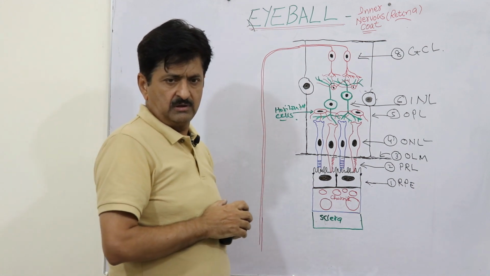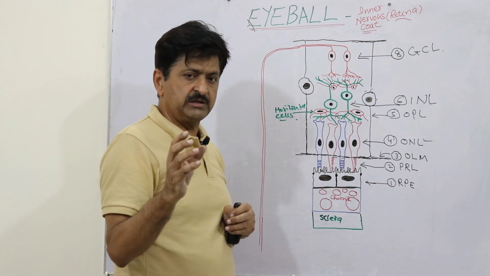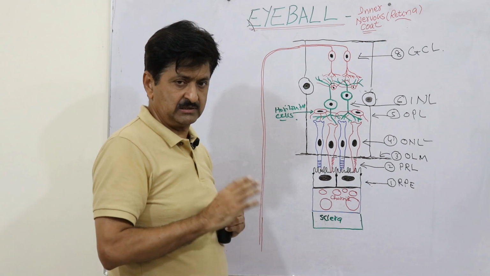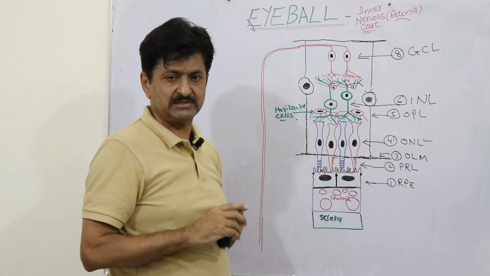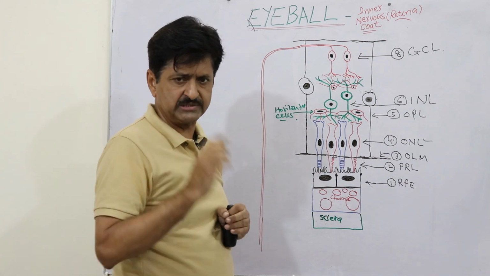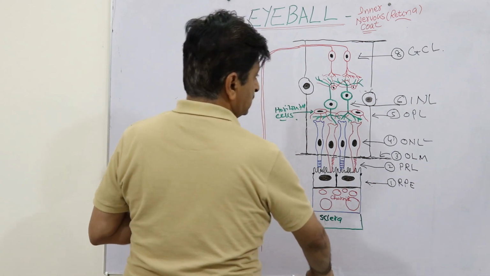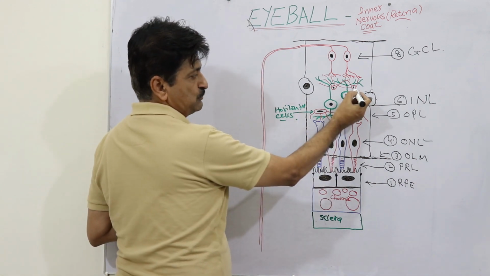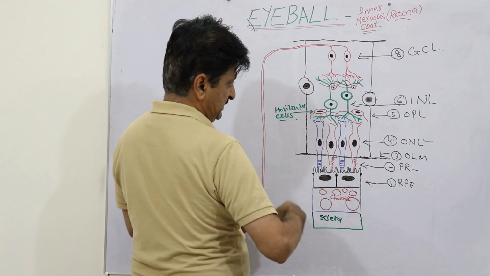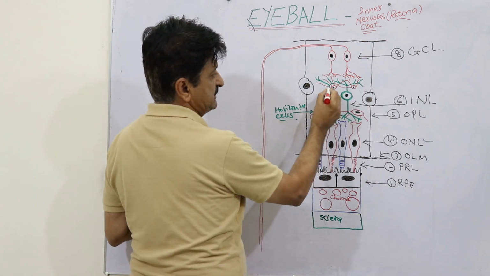These cells are not macro cells, these are amacrine cells. They are not macro, they are very small cells. We call these small cells amacrine cells. You can see these cells in red color here.